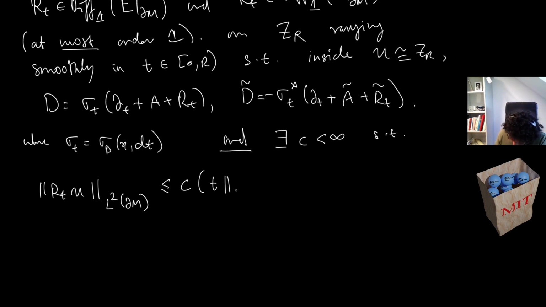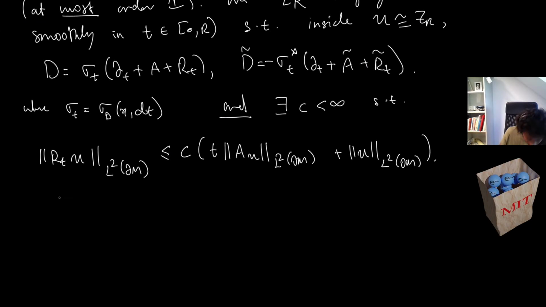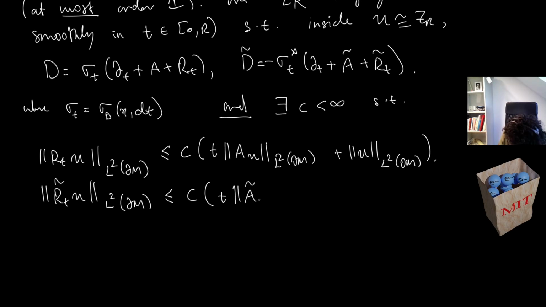So this is controlled in T against A_T of u in L2 of sigma M, plus, of course, we expect this sort of an estimate to be inhomogeneous. And we have similar control on the R_T tilde of u with respect to A tilde.